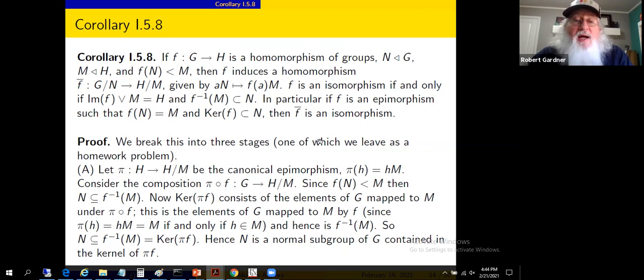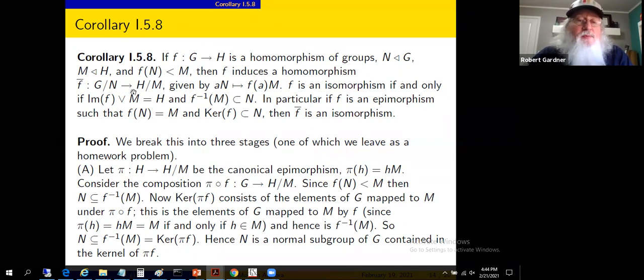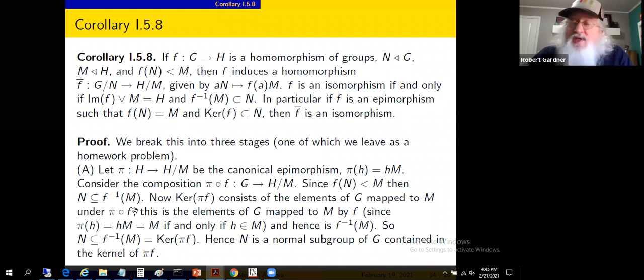We're working under the hypotheses of normal subgroups and this subgroup containment. F of N is a subgroup of M, that's the hypothesis. Then N is a subset of the inverse image of M. All of N is mapped into M. There might be some other stuff mapped into M as well, so all I know is the inverse image of M. We're back in group G when I talk inverse images.